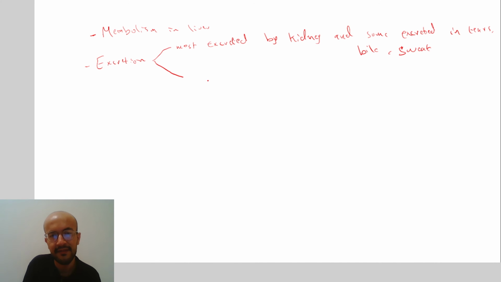The doxycycline has a different modality of excretion. So doxycycline is half excreted by the kidney and half excreted by the liver.